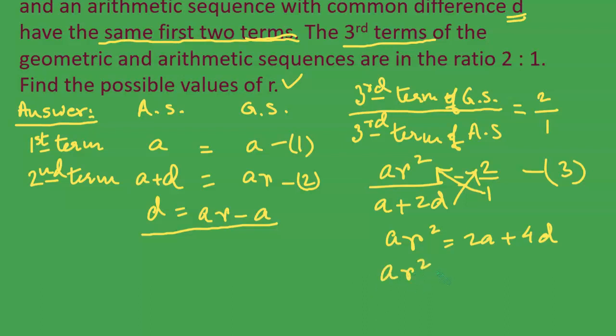It becomes AR square is equal to 2A and it is 4 times D. So it will be practically 4 times AR minus A. So 4 times AR is 4AR and 4 times minus A is minus 4A. Okay. And now we see that we are having the variable A present in all the terms. So I can divide the entire equation by A.